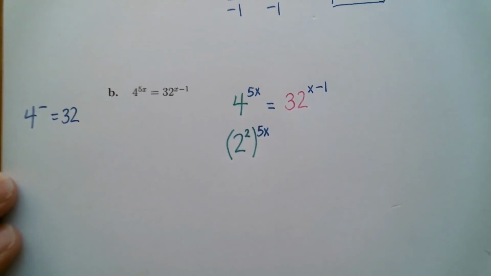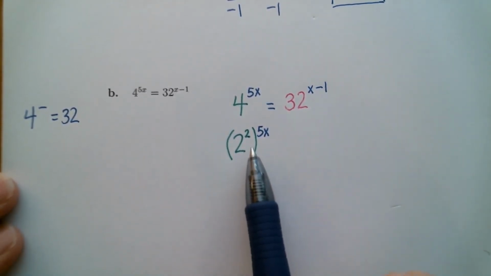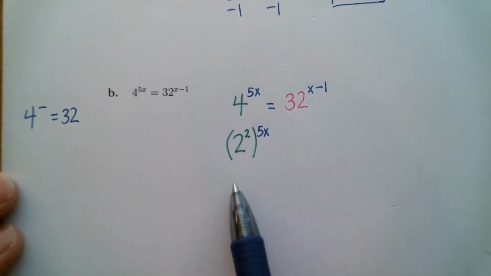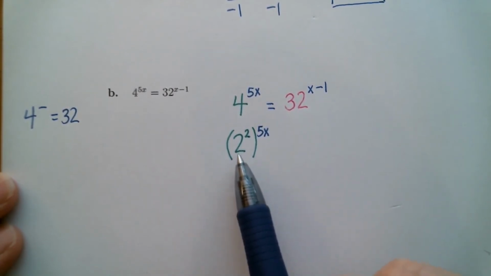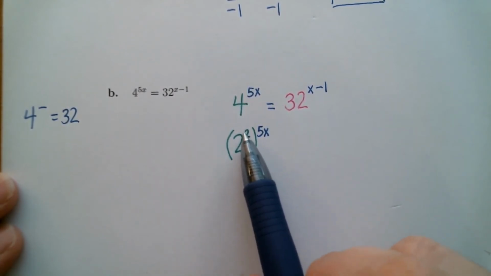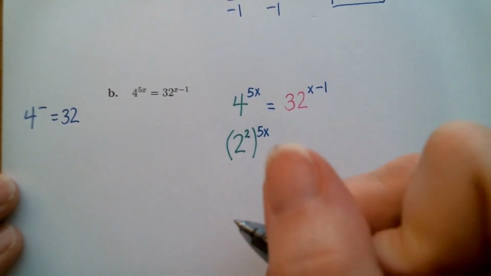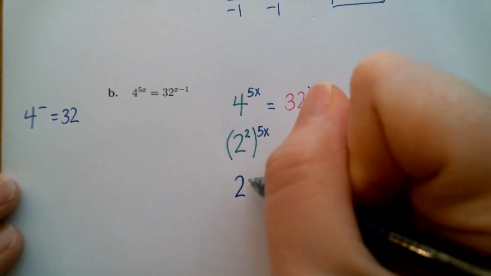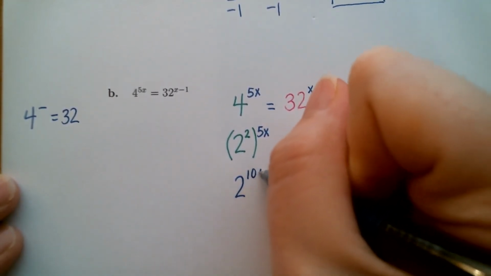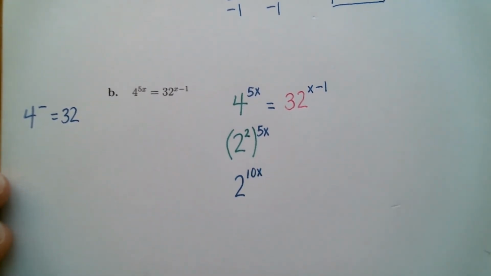Then you have to simplify your exponents before you can go on. You have to apply the laws of exponents. You have a power raised to a power. When the exponents are side by side like this, remember, you need to multiply the exponents. So this is going to become 2 to the 10x power. Now that's simplified. That is now the left side.